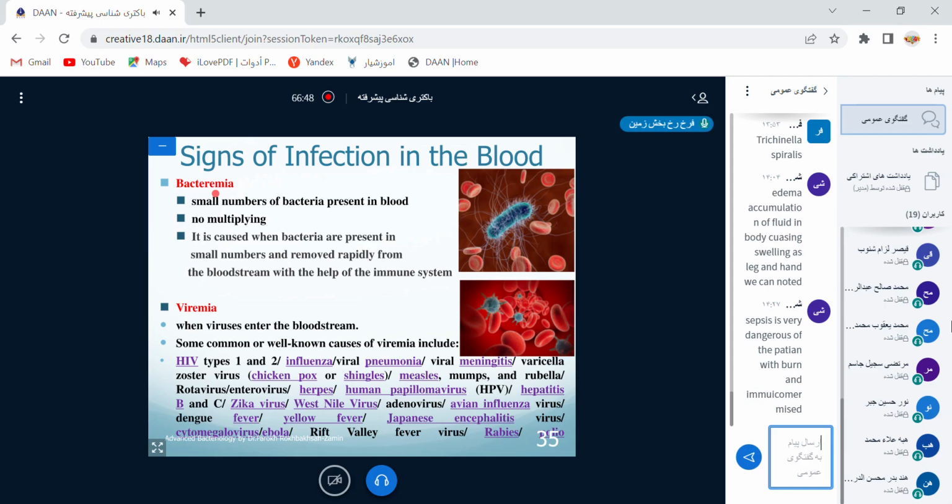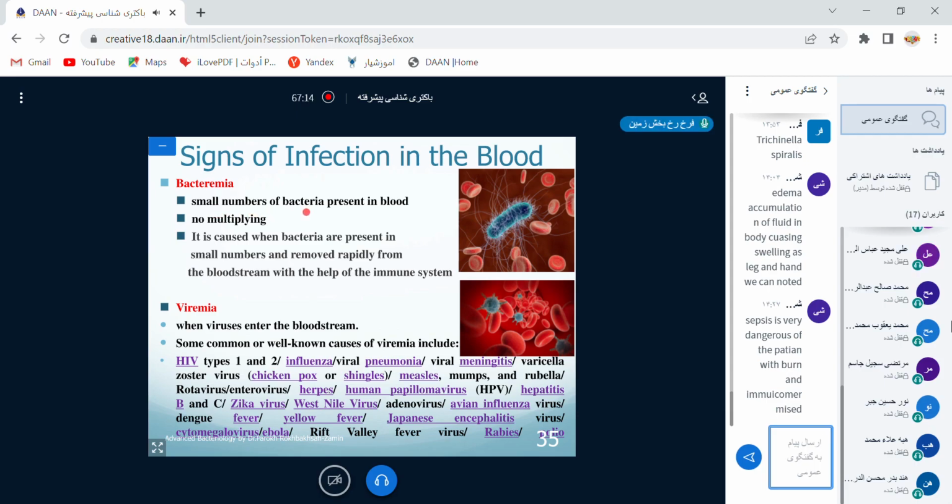But in septicemia, pathogenic bacteria in the blood resist the immune system, remain in the blood for a long time, multiply, and go everywhere. So that is the difference between bacteremia and septicemia.